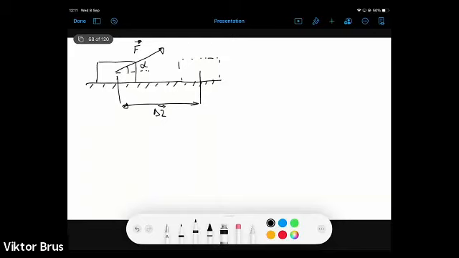So mechanical work, denoted as W, is determined as a dot product of two vectors: vector F, our force, and the displacement vector.